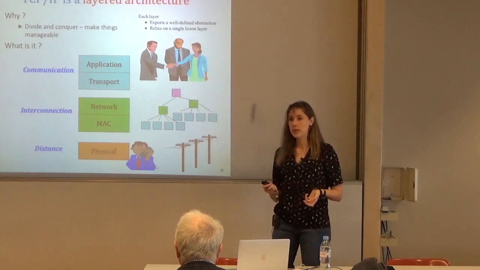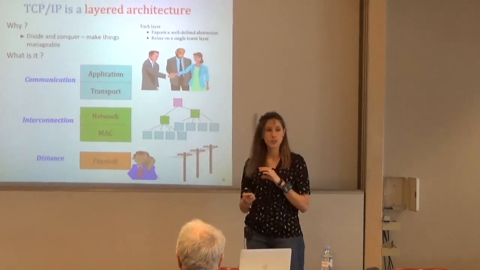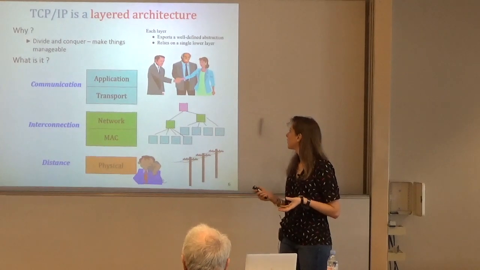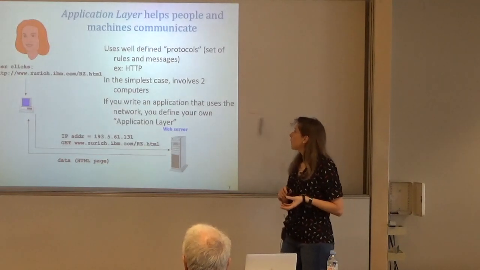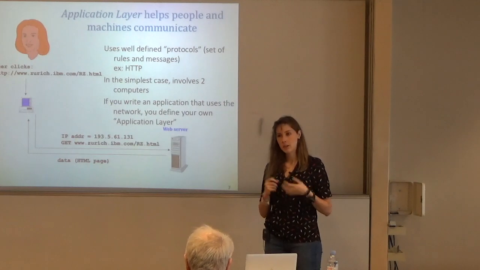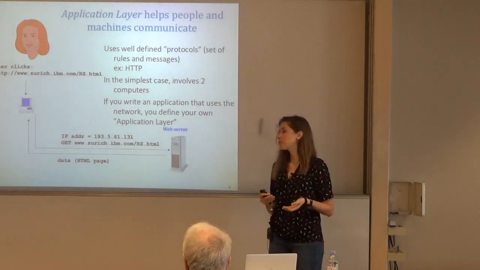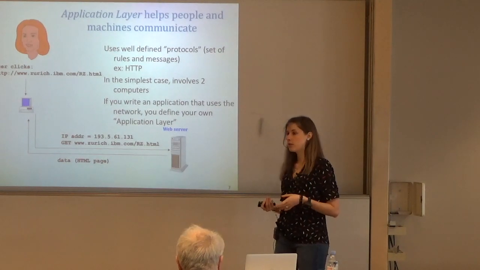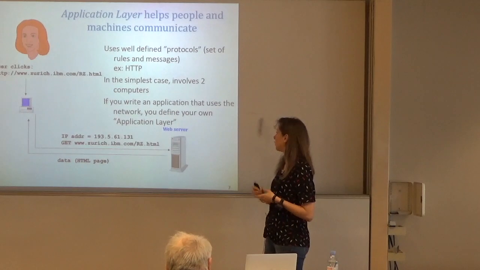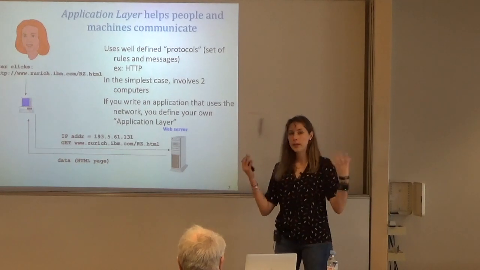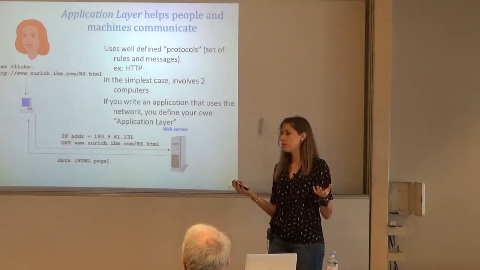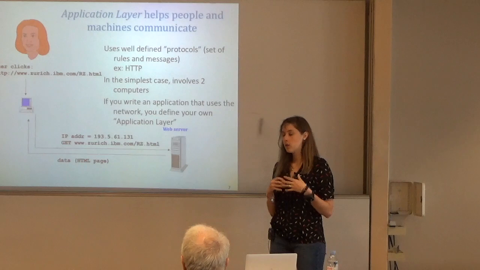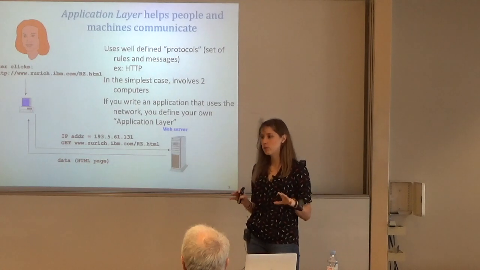Today we're going to dive not too deep, but a little into each of these layers to get a general overview of everything. The first layer, as I mentioned, is the application layer. Typically, if you're on your computer and you press on a link, a page will show up, and it seems to you like everything is local, or maybe you're just communicating with one entity, and all of the internet is hidden from you.